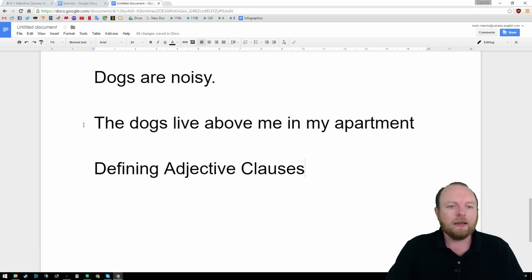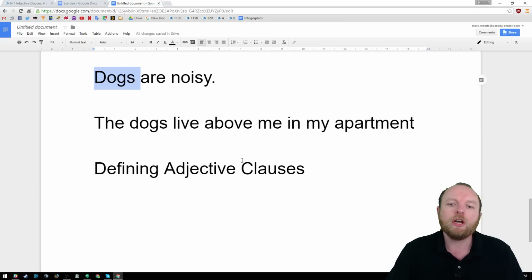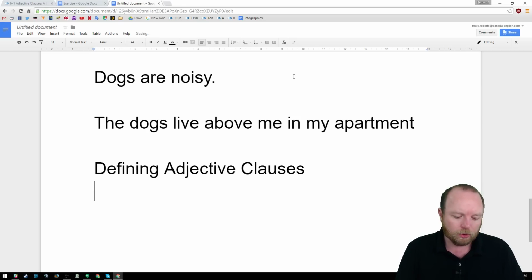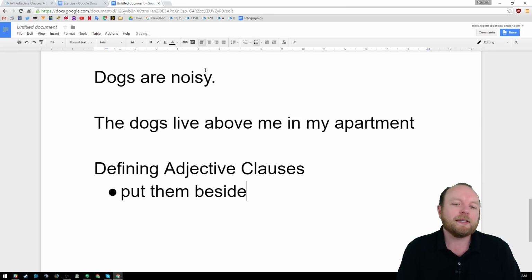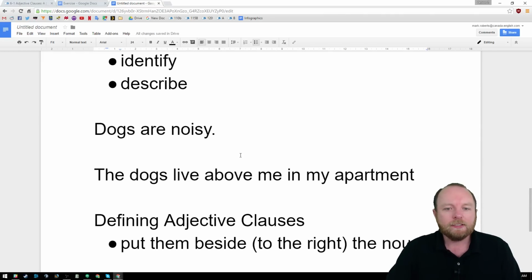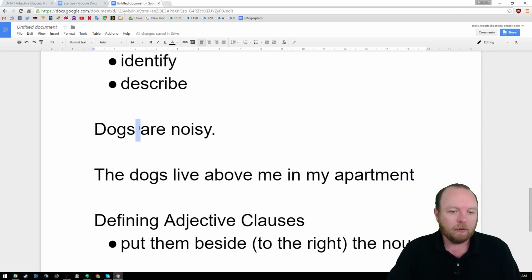So let's use this information, and we want to use this information to describe which dogs. Okay. So, defining adjective clauses. Here are some rules. Here we go. We put them beside the noun. Okay, when I say beside the noun, I mean to the right. So, this information must go here.